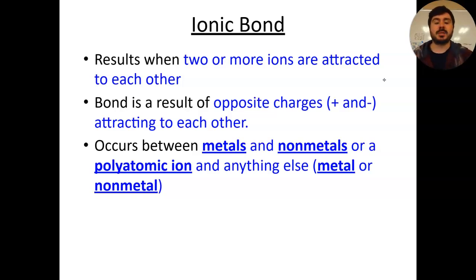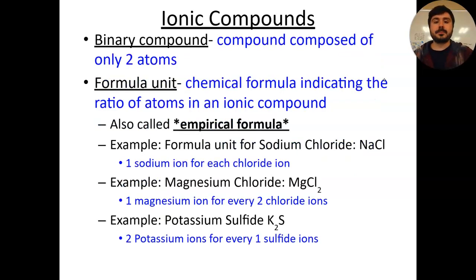I know earlier on I specified polyatomic ions and metals, but there are some instances where polyatomic ions are bonding to nonmetals, and they are still considered to be ionically bonded. Please make that distinction. If you see a polyatomic ion, it's going to be ionic bonding, plain and simple. That's the biggest telltale sign. If you recognize a polyatomic ion, ionic bonding is occurring, regardless of whether it's bonding to a metal or a nonmetal.